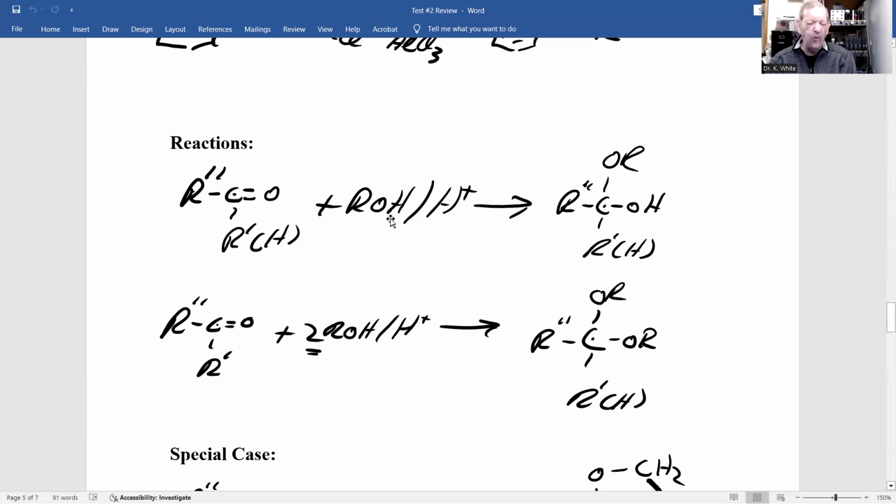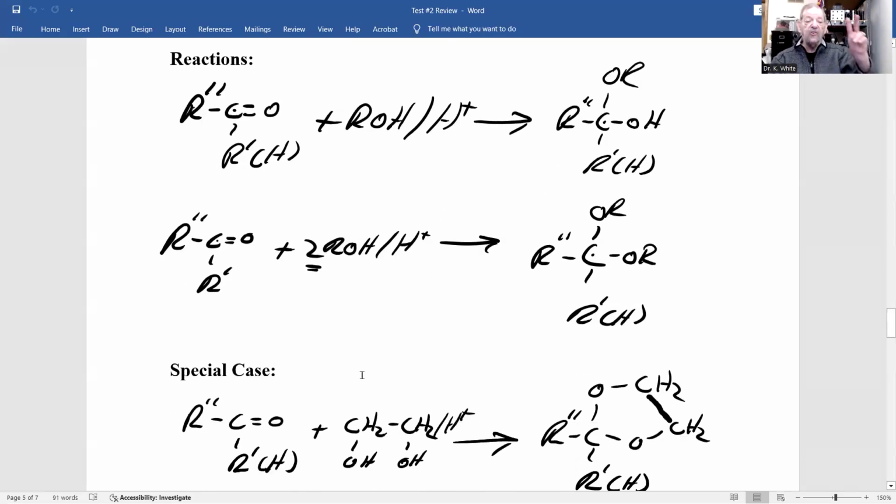Now, if you react it with an alcohol with acid catalyst, H+, keep your eye on the carbonyl carbon. That's where the fun is. You get this. It opens up to an OH group and OR, where the R group here comes from the alcohol. Now, if you use two alcohols and acid, keep your eye on the carbonyl carbon, what's attached to it, and there should be a bracket here. Hold on.